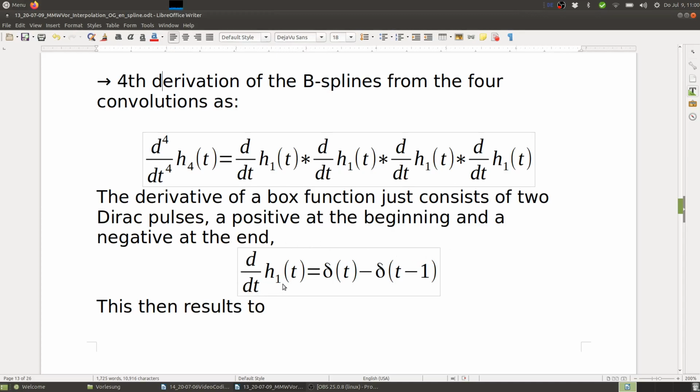And that's actually quite easy. The derivative of the box function is simply a Dirac delta in the beginning and a negative Dirac pulse at the end, right? Because in between the derivative is just 0.